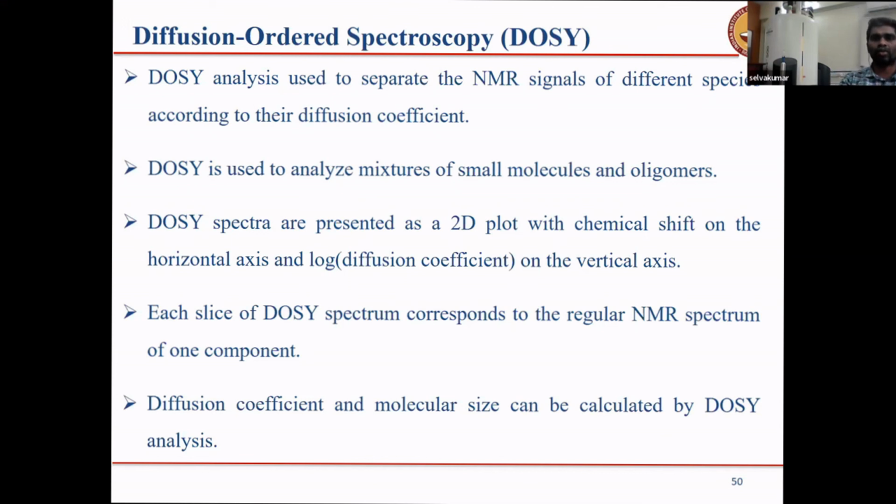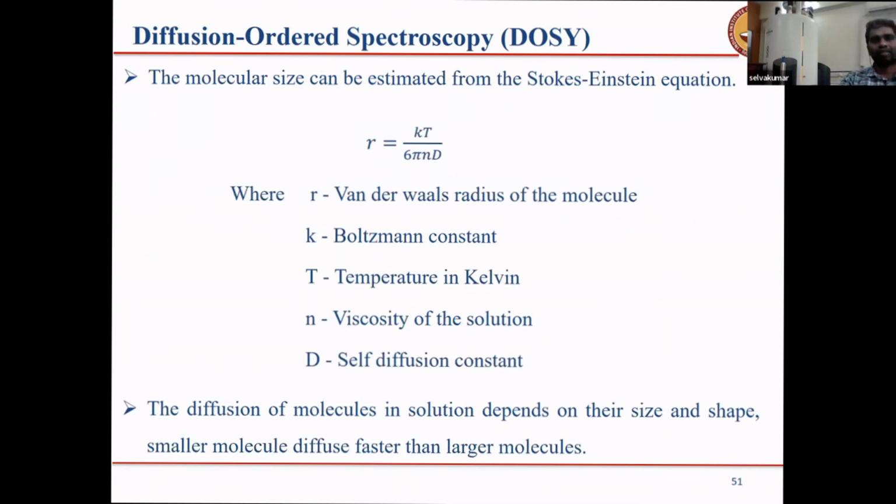Each slice of the DOSY spectrum corresponds to one regular, simple compound's NMR. Diffusion coefficient and molecular size can be calculated by DOSY NMR analysis. Using the Stokes-Einstein equation, we can find out the molecular size.